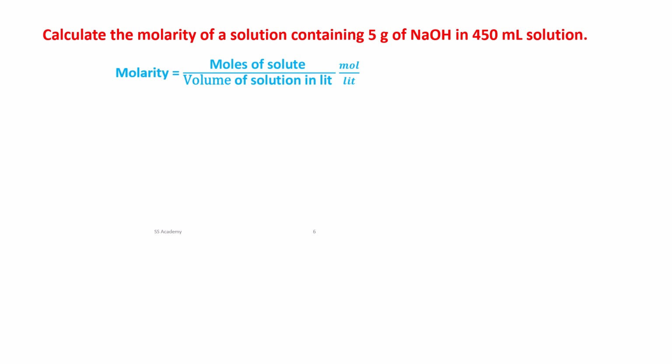First we will calculate the moles. If you haven't watched the mole concept video on our channel, I strongly recommend you go and watch it so that you will understand moles and how to calculate them. The moles is equal to mass by molar mass. The mass is 5 gram.